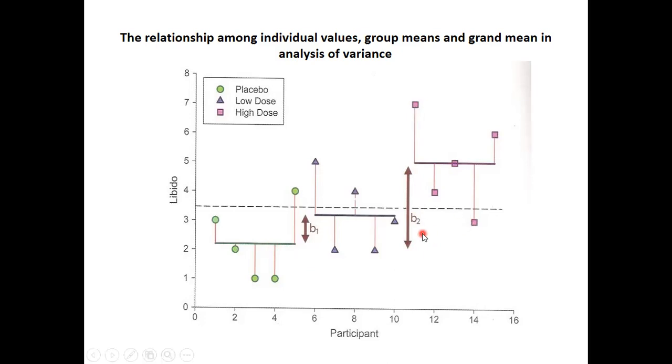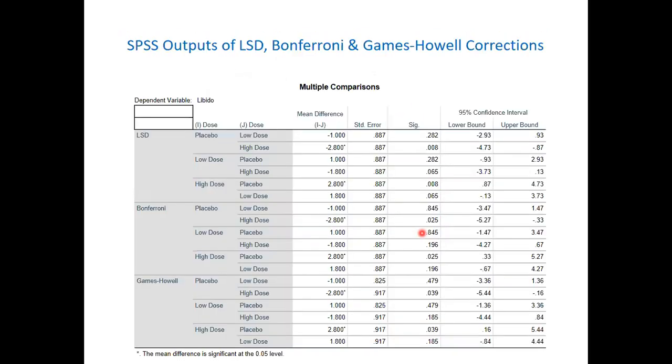So B1, B2, those serve as a regression profile. And you see it in the values we have here. 1 is the difference between the low dose and placebo. 2.8 is the difference between the high dose and placebo. But if you want to consider the difference between low dose and high dose, it is 1.8.